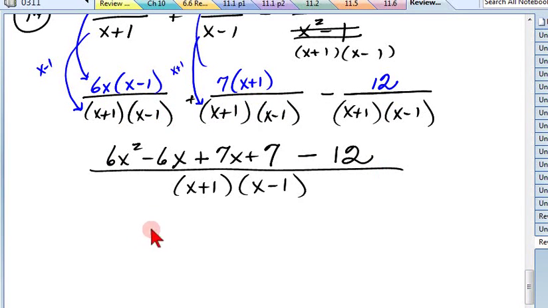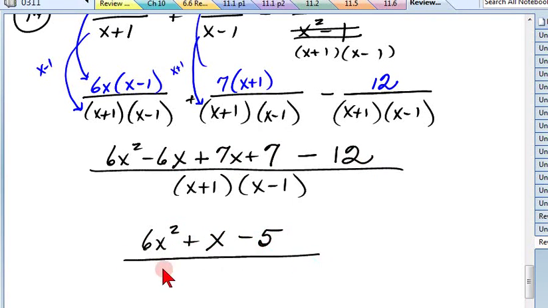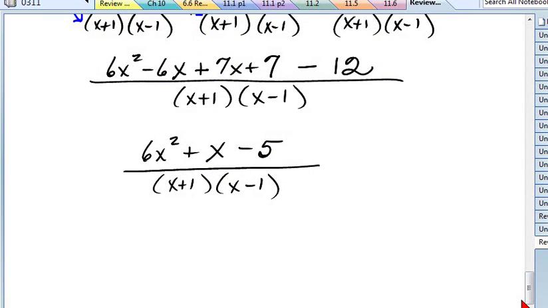Collecting like terms, I have 6x squared, a minus 6x and a plus 7x is plus x, a plus 7 and a minus 12 is minus 5, all over x plus 1 times x minus 1. There is a chance that that numerator factors.